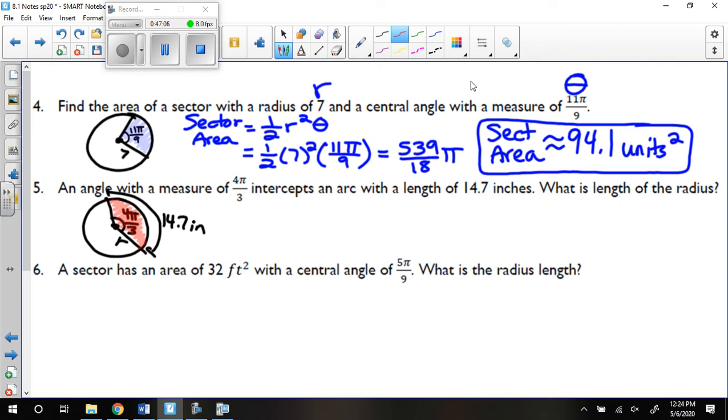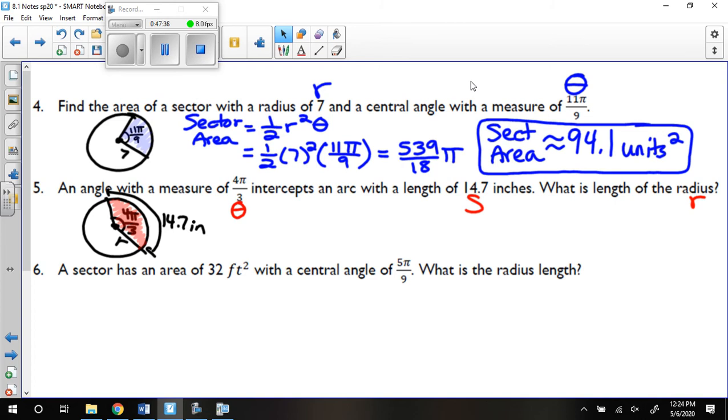So let's label our different pieces of information. The 4 pi over 3 is theta. That's my angle measure in radians. An arc length is S. So S is 14.7 and radius R. Okay, so we are talking about arc length and radius and an angle measure of theta.